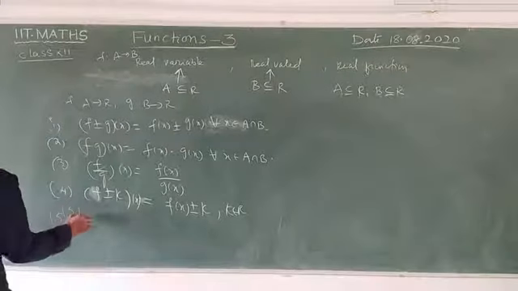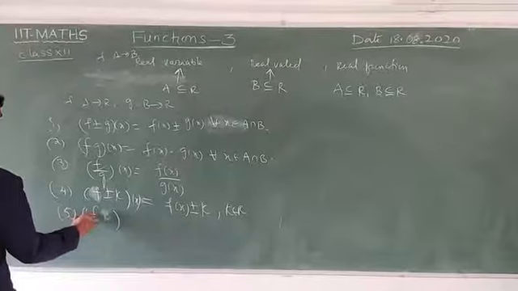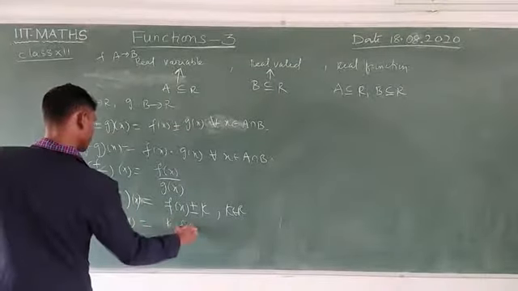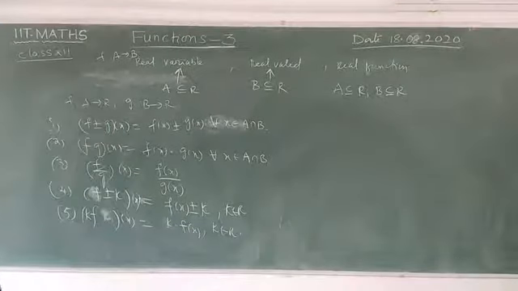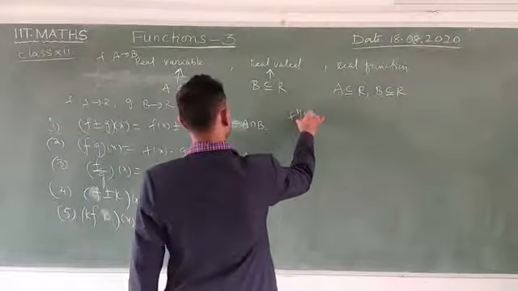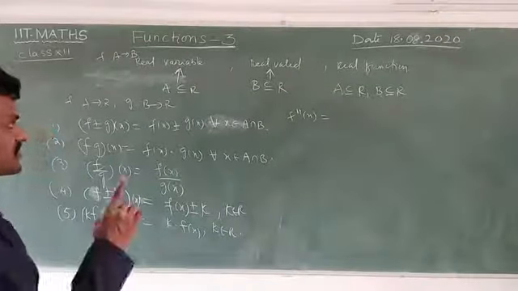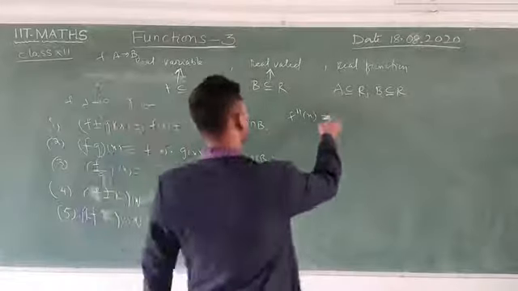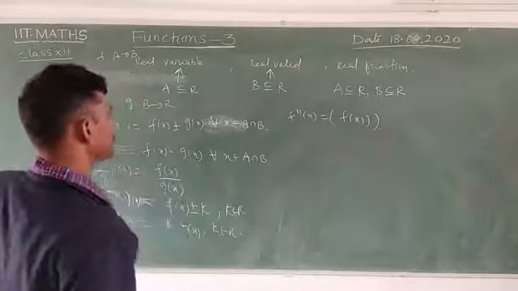Next one is the product of a function and a constant: k into f of x, here k belongs to R. Okay, now f double dash of x, f dash of x means the derivative, here the double derivative of f of x.